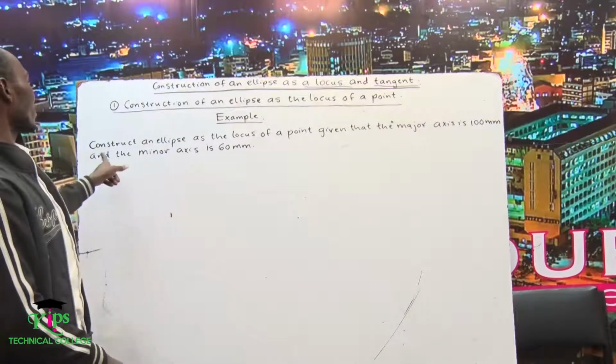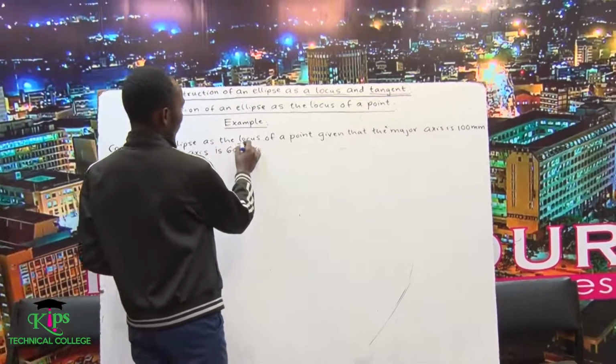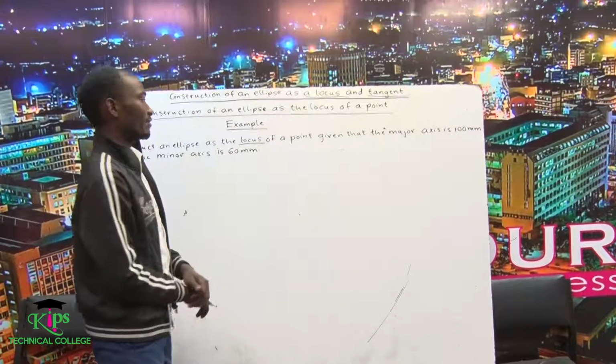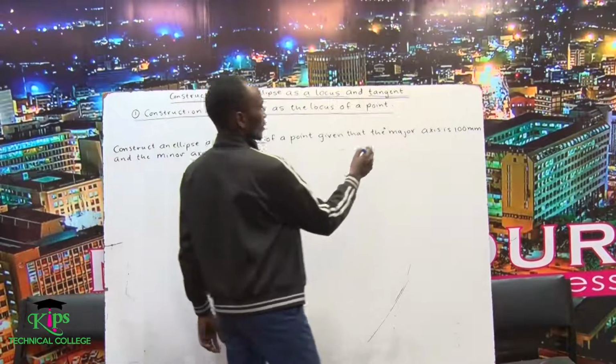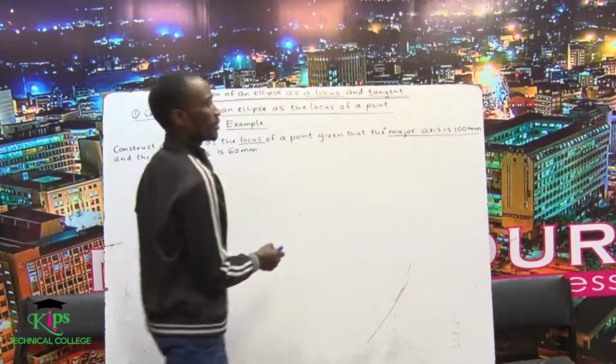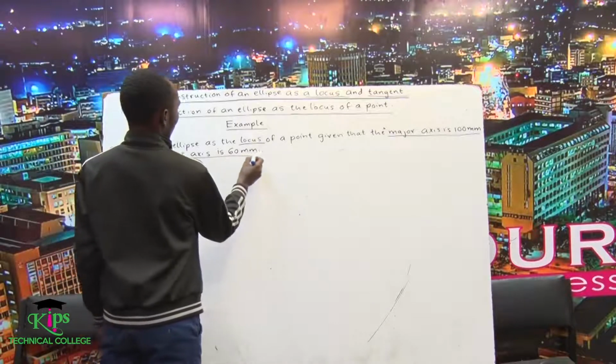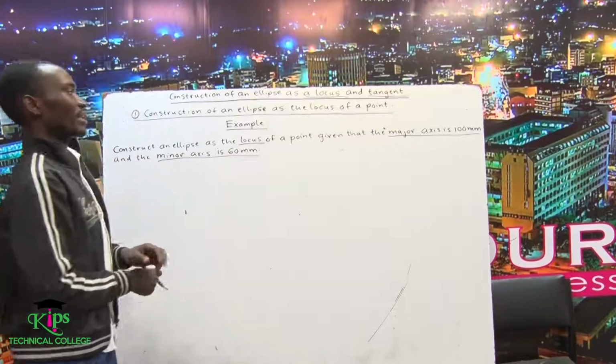So an example: construct an ellipse as the locus of a point given that the major axis is 100 millimeters while the minor axis is 60 millimeters.